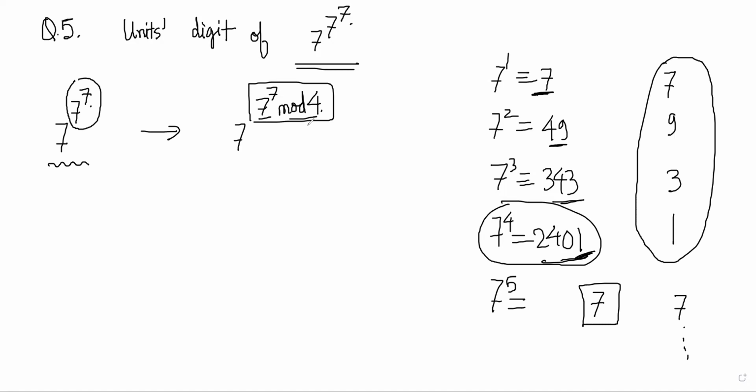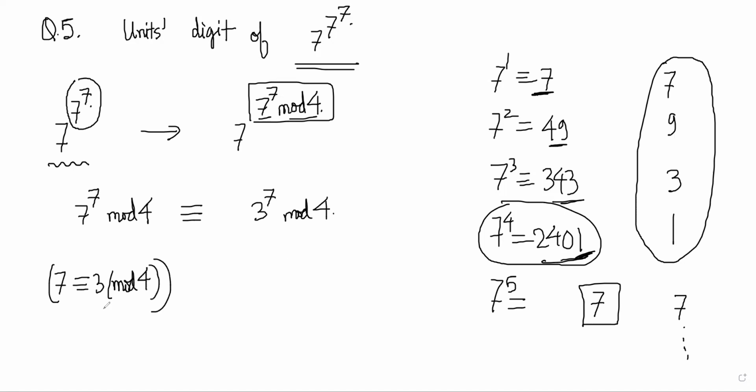Okay, so since we have to do it mod 4, let's think about it. 7 power 7 mod 4 will be congruent to 3 power 7 mod 4, right? Because 7 is congruent to 3 mod 4, correct? And once we get 3 power 7 mod 4, we can write that as 3 is congruent to minus 1 mod 4.